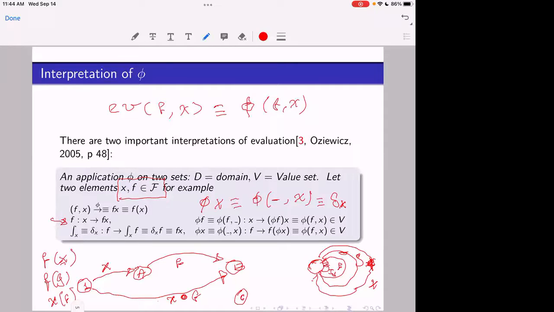Because there is a standard interpretation of X in the conventional literature, which thinks of X like an element of the domain.